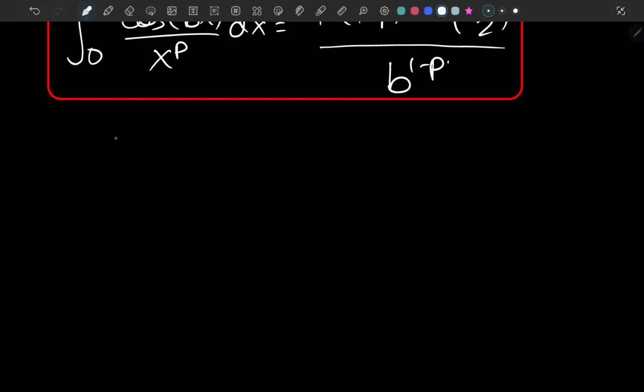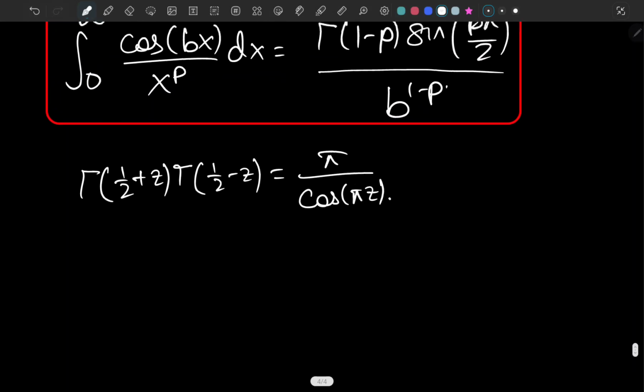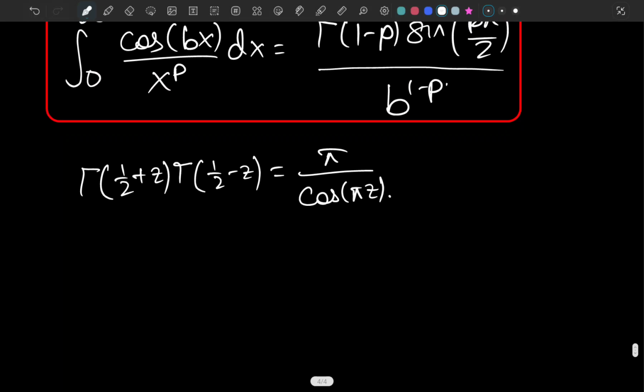I'm just going to use that in this video. So it's gamma of 1 over 2 plus z times gamma of 1 over 2 minus z is pi over cosine of pi z, right? It's pretty easy actually, definitely easy to prove.